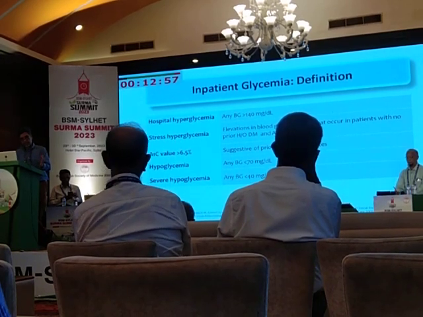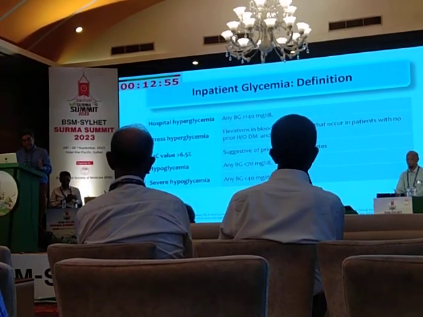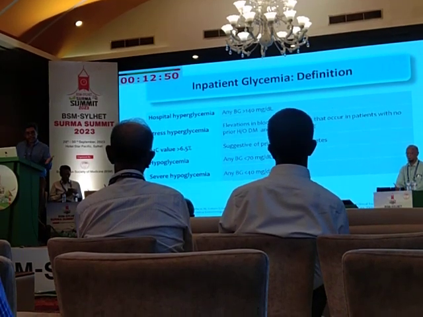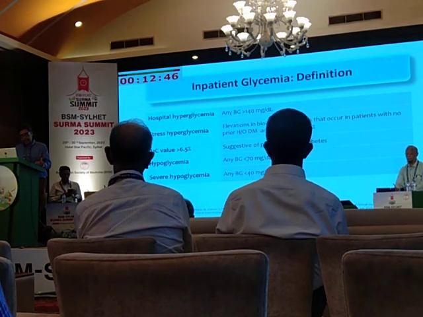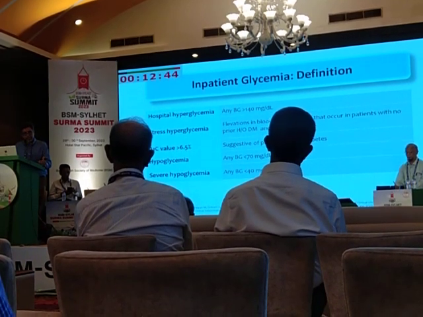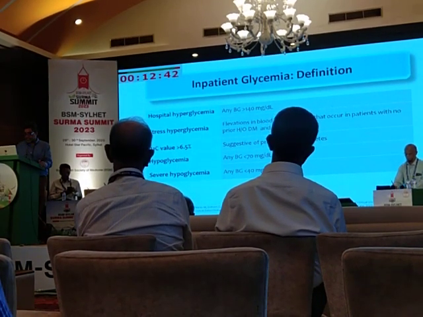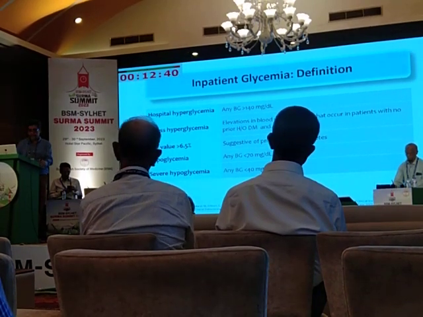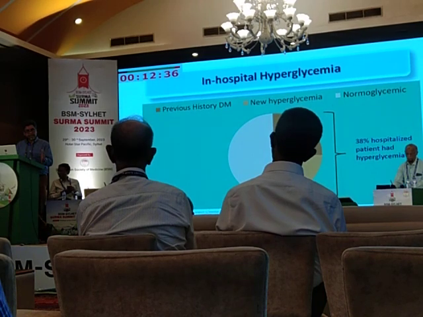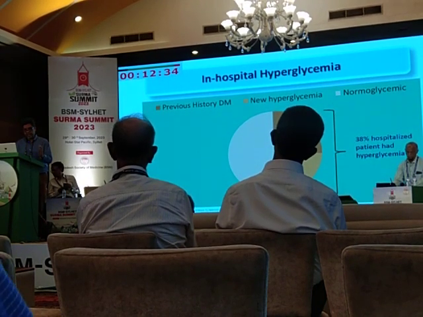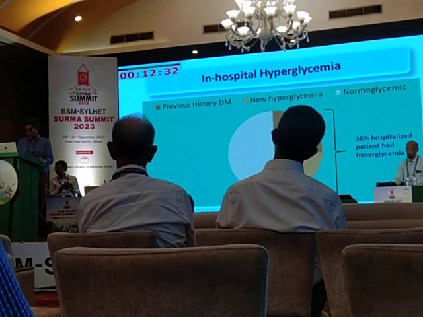If hemoglobin A1C is more than 6.5, then he or she may be a case of diabetes mellitus. We consider hypoglycemia when blood sugar is less than 70 milligram per deciliter, and severe hypoglycemia less than 40 milligram per deciliter. In hospital, near 8% of patients had hyperglycemia.